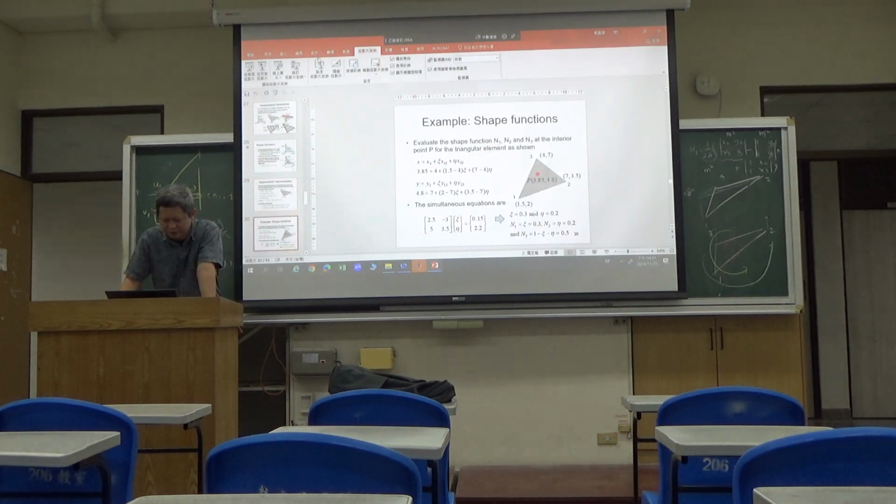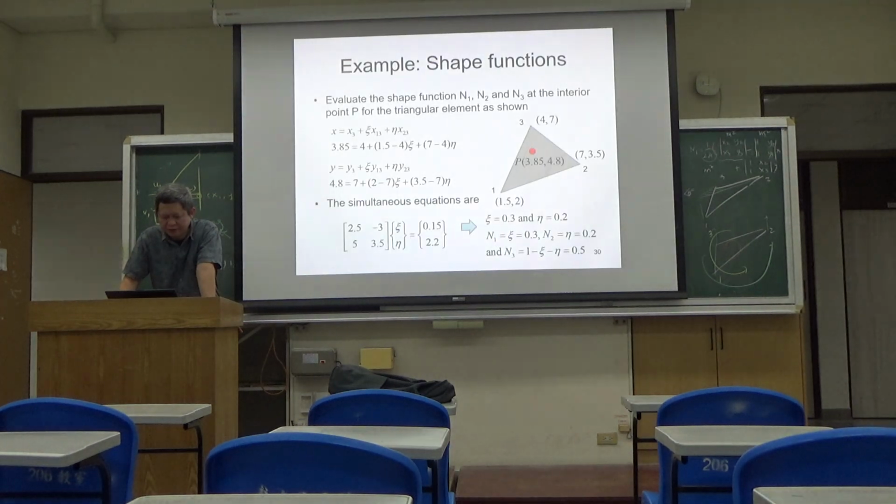And then next, just to give you an understanding about this non-dimensional mapping. Okay, how much is your shape function zeta and eta at this point? So what you do is take the value. What's the x here?